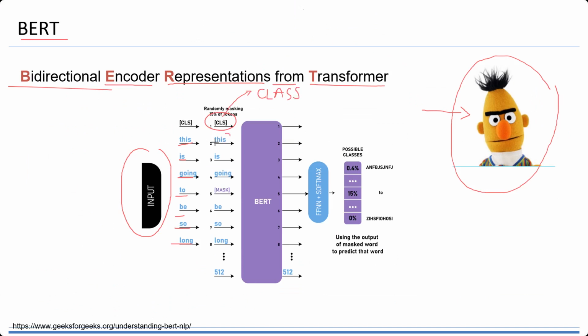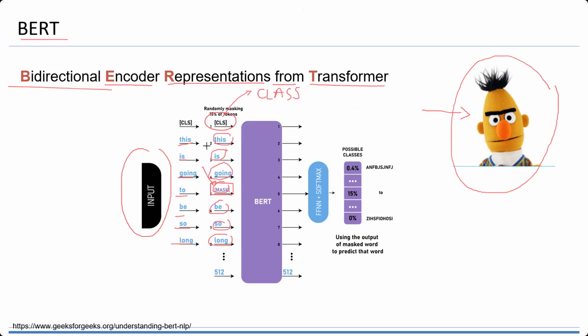And then we come to the words. For these words, they are going to do some mask prediction. So you can see this is a mask. What is a mask? Later we will check more.